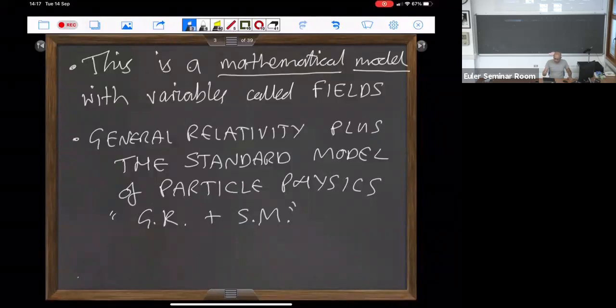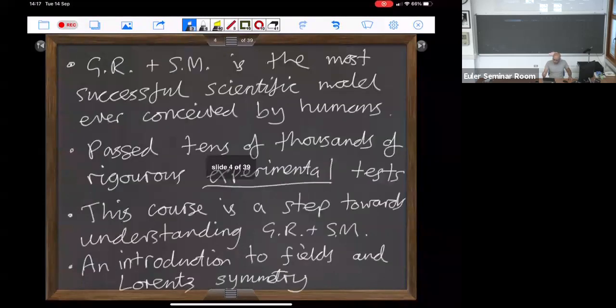And one of the goals of your studies here will be to understand what general relativity and the standard model are. And I wanted to say something since this is the first week of the program. General relativity and the standard model is really the most successful scientific model that has ever been conceived by humans.